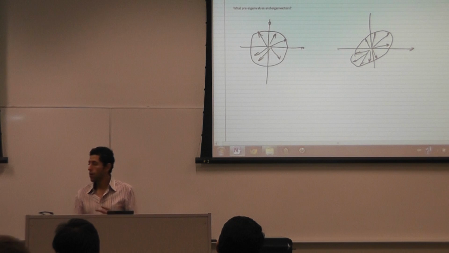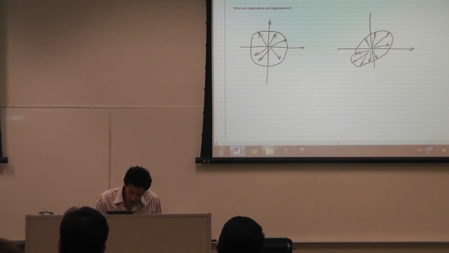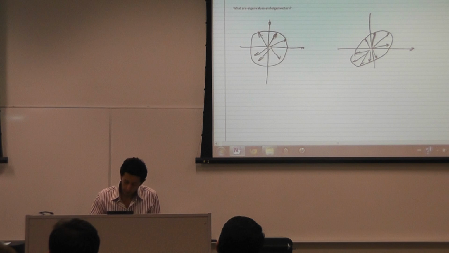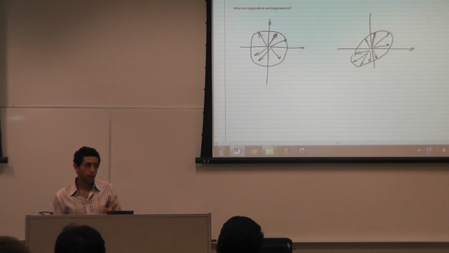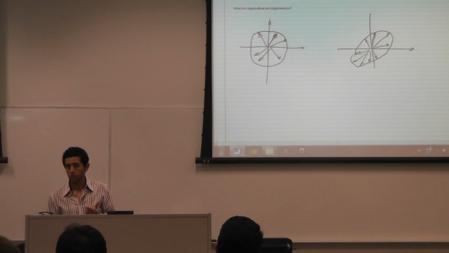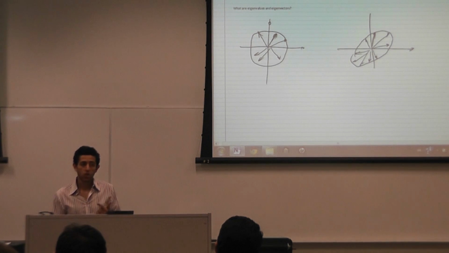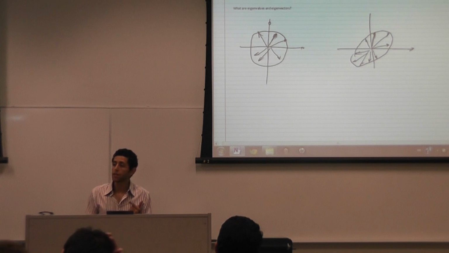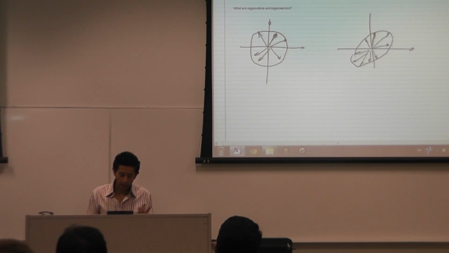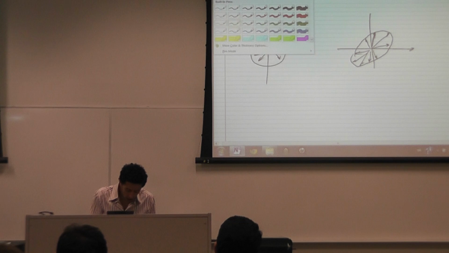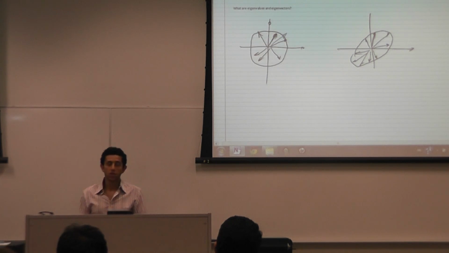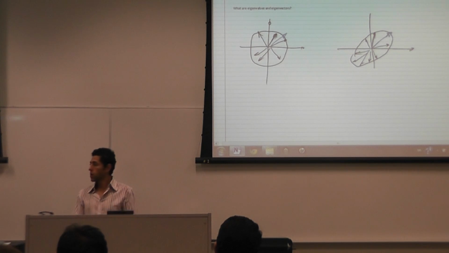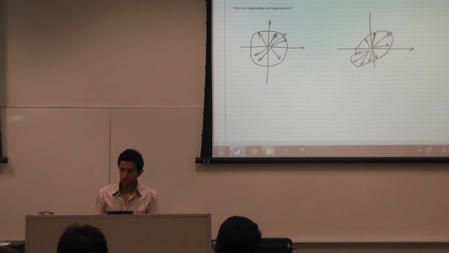In this procedure, some vectors change their length and their directions. Usually vectors change both their length and their direction. If a vector does not change its direction, then it's called an eigenvector. So if a vector, after this transformation, keeps its direction but gets longer or shorter, then it becomes an eigenvector.